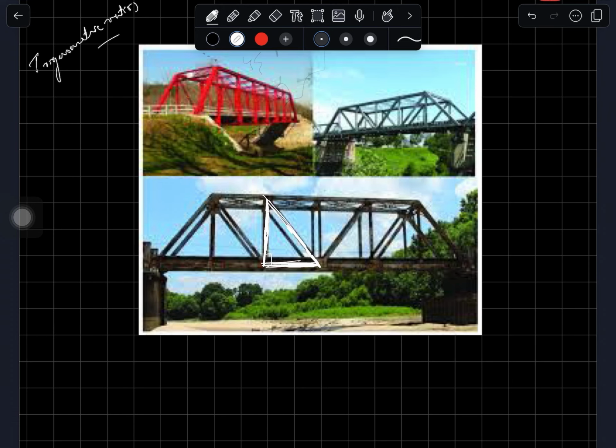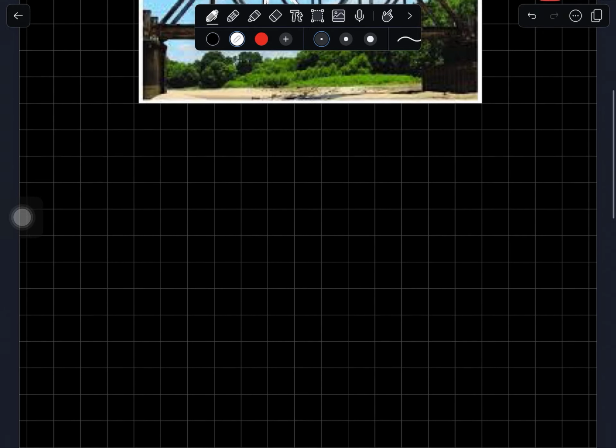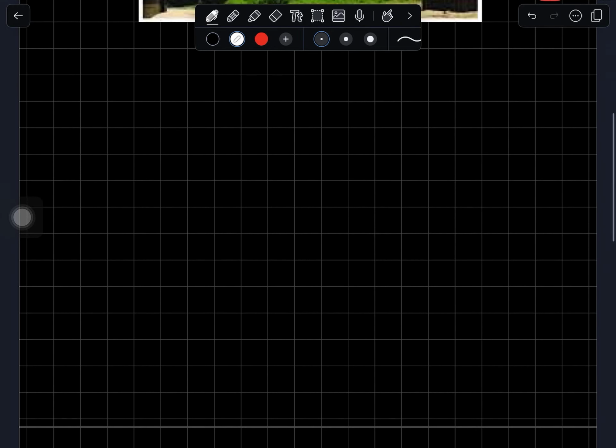So here we have the use of trigonometry, and as I've discussed, we use right angle triangles to understand or predict corresponding lengths.